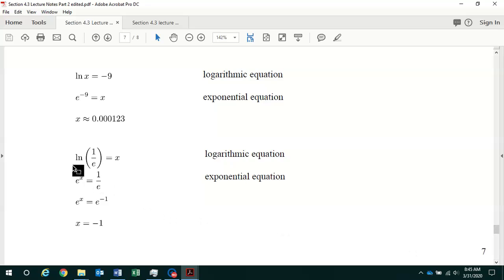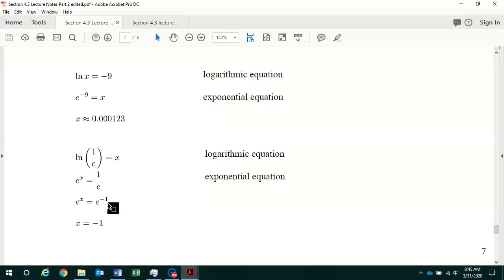And then lastly, you have to find the natural log of 1 over e is equal to x. Remember, e is equal to 2.718 to 3 decimal places. It's a special number in mathematics. Well, again, natural log ln is log base e. And so when you go to exponential form, you have e to the x is equal to 1 over e.